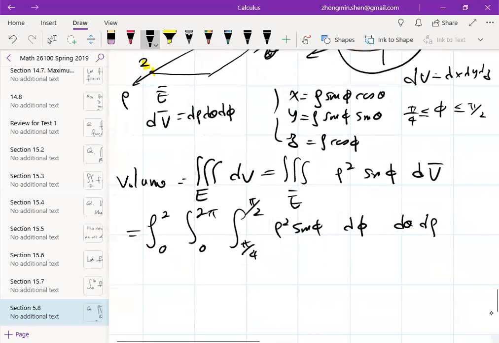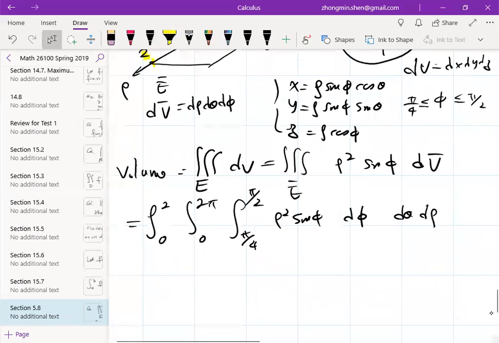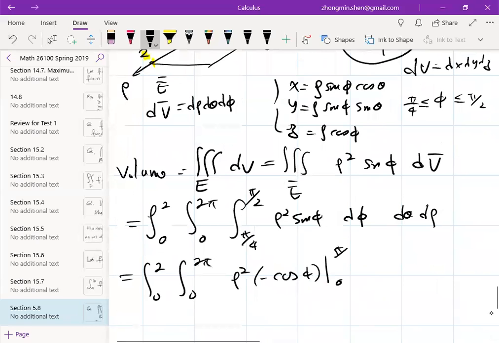All right. So now, let's evaluate. The antiderivative of sine phi is negative cosine phi. Evaluate at the two endpoints.